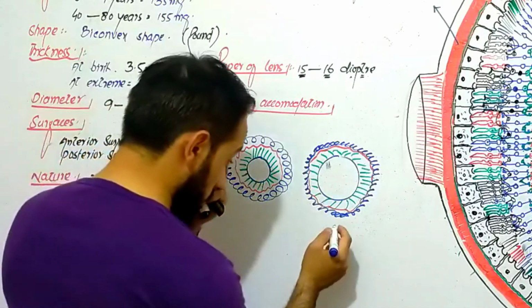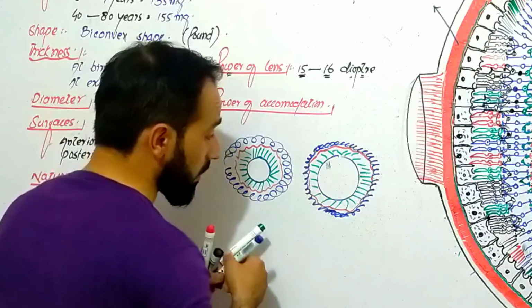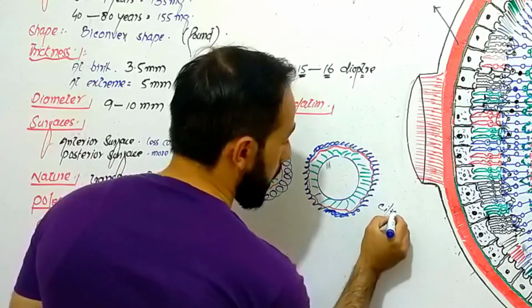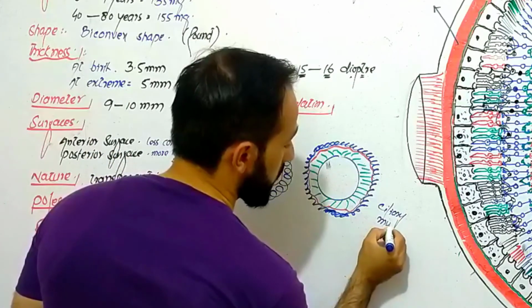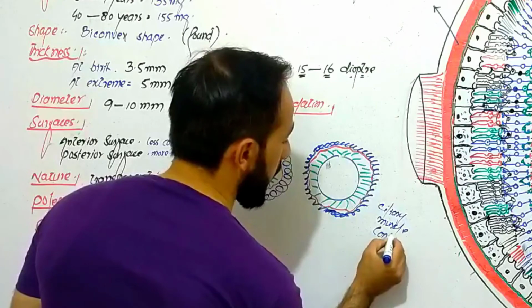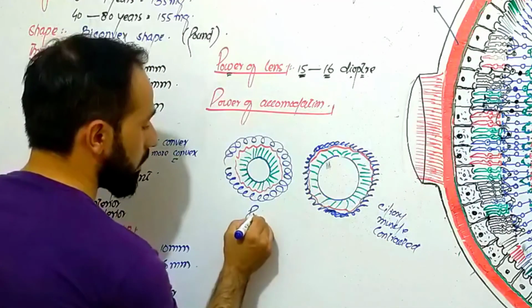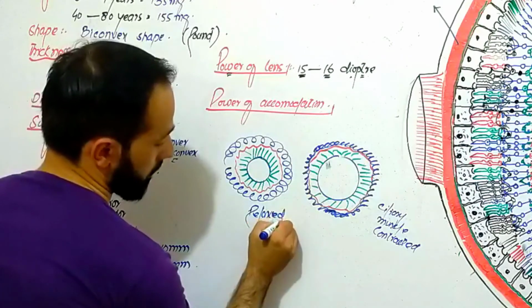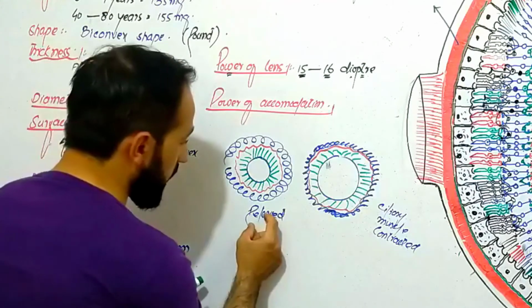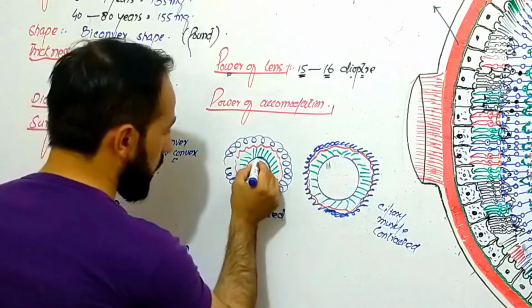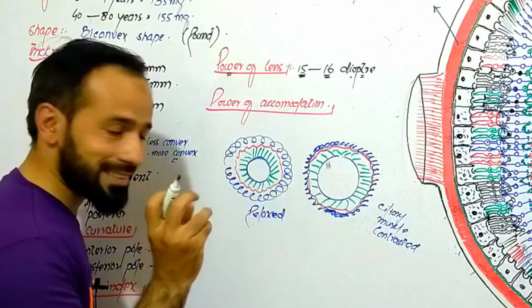So what does it mean? It means that here the ciliary muscles have been contracted, and here the muscles are relaxed. Now when the muscles relax, the size of your lens shortens, right?